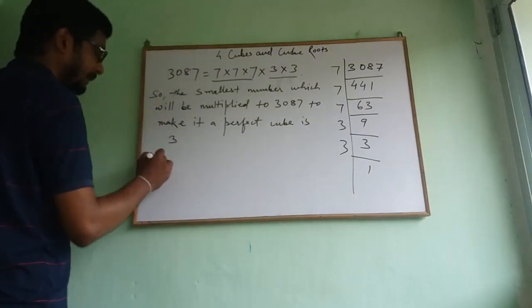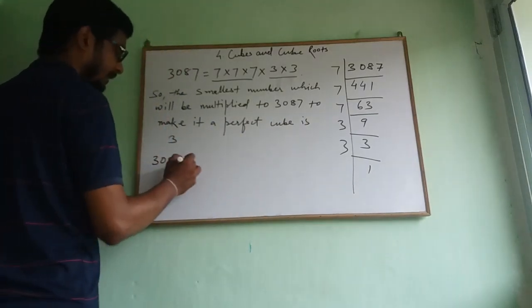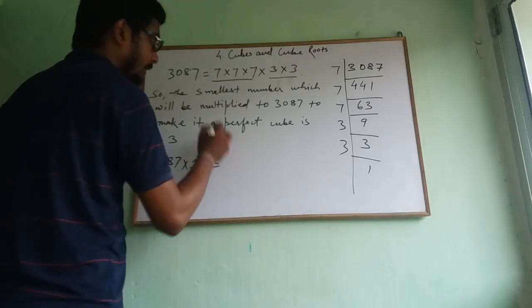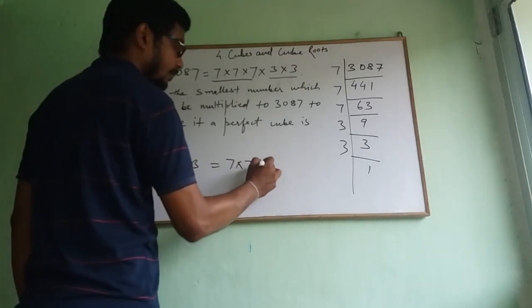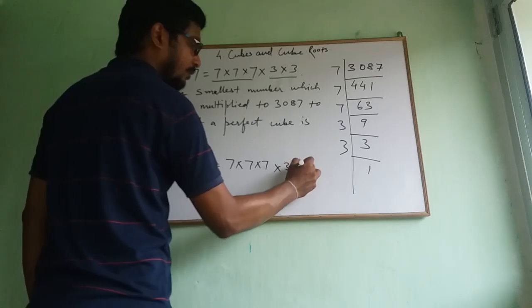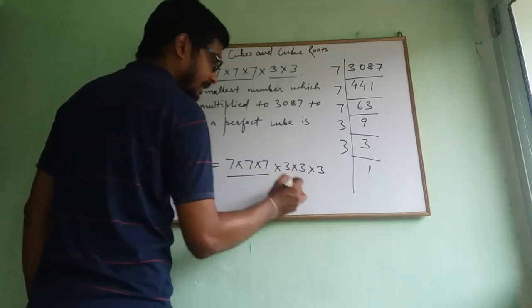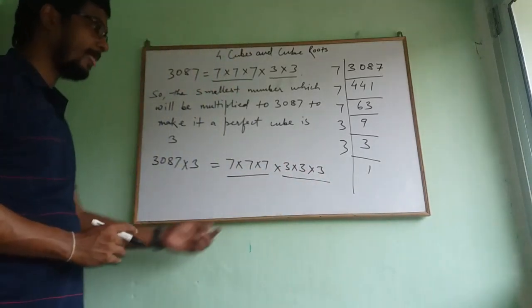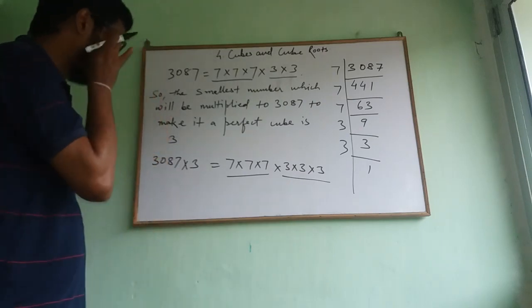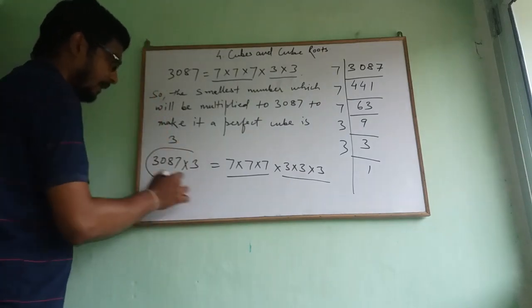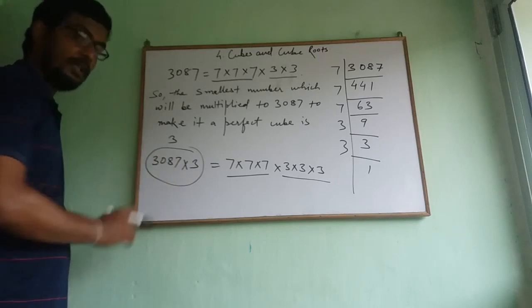Now if I multiply 3087 with 3, then my prime factors will be 7 into 7 into 7, 3 into 3 into 3. Now you can see here 7 also makes a triplet and 3 also makes a triplet. So therefore this number upon multiplying with 3 becomes a perfect cube.